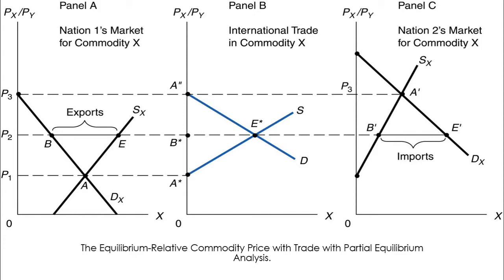When price falls below P3, we can see that demand is greater than supply in the domestic market. So there is excess demand when price falls below P3. As a result of excess demand in the domestic market, nation 2 imports commodities from the international market.